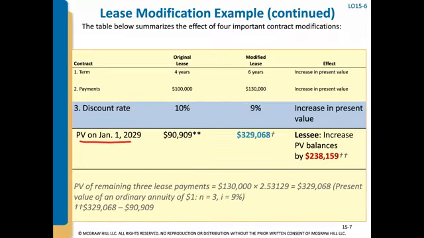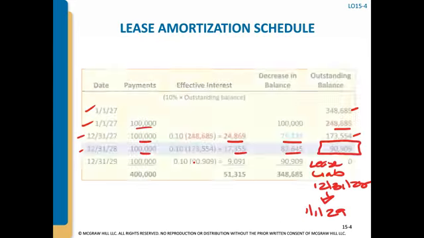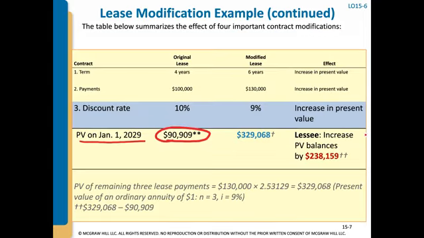The carrying value on January 1, 2029 was $90,000. That comes from this table right here, right? That's where that $90,000 comes from. And so that's what we have in our books currently.